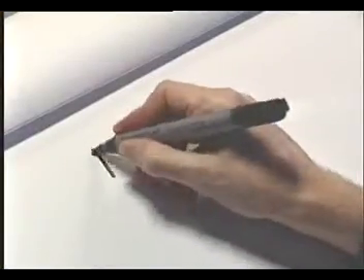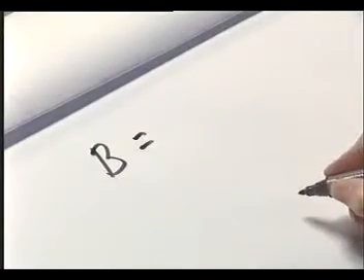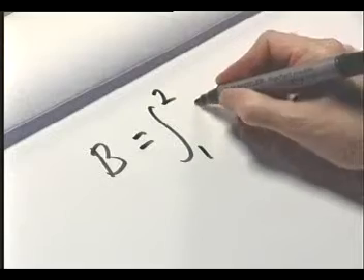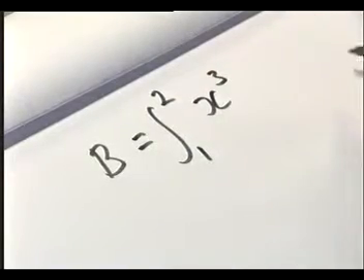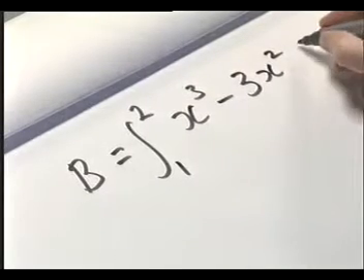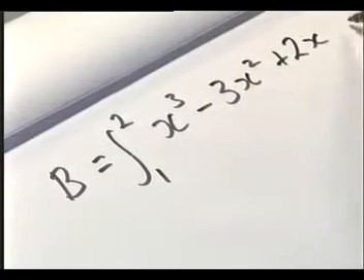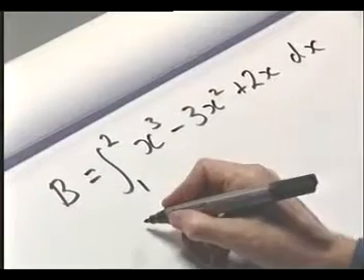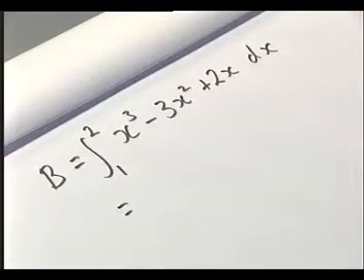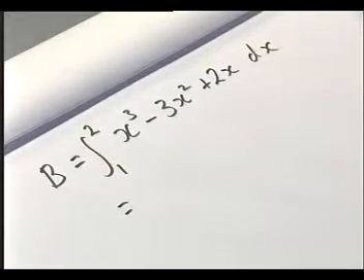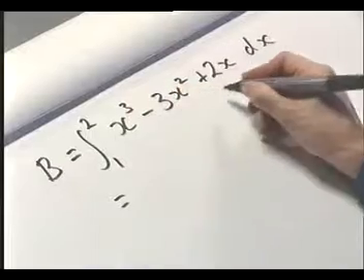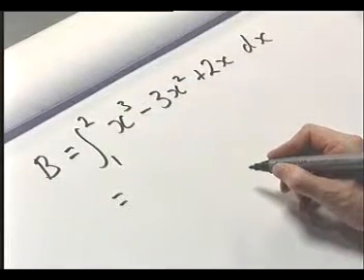B will be the integral between 1 and 2 of x cubed minus 3x squared plus 2x with respect to x. So, let's have a look at what we're going to get. The integral of this should not be any different to what we had last time.